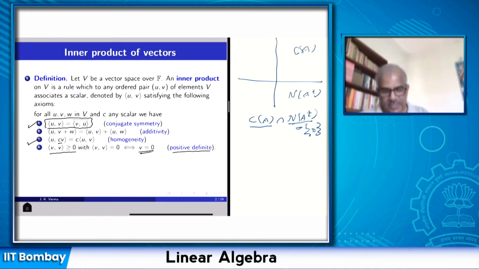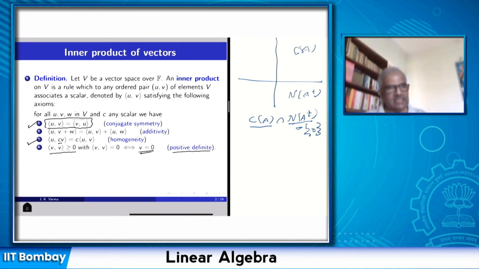So there are 4 properties that we are demanding. We know addition of vectors is one operation, and multiplying a vector with a scalar is another operation on vectors. Now we are introducing an operation between pairs of vectors. The first axiom is conjugate symmetry.